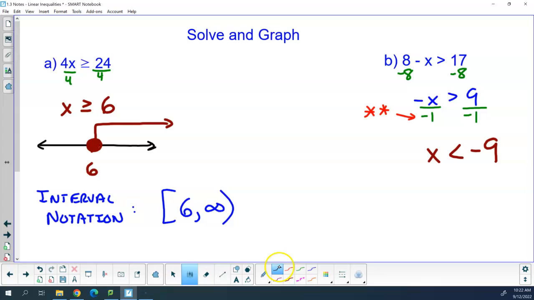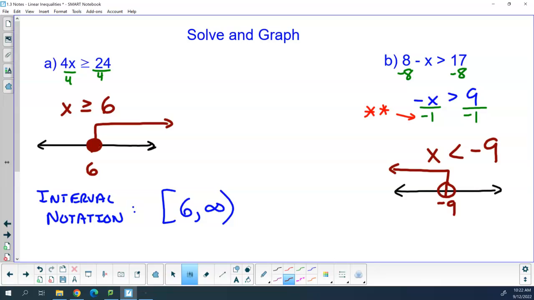So the graph of this one would be, the only number we care about is negative 9. Open or closed circle? Open. Arrow going left or arrow going right? Goes left because it's less. Numbers smaller.